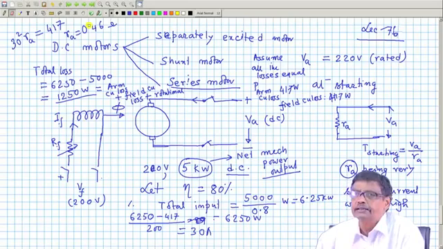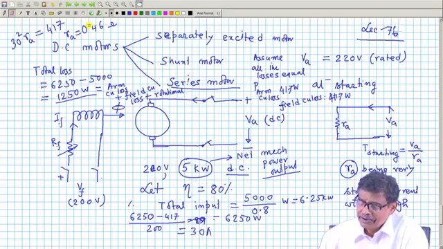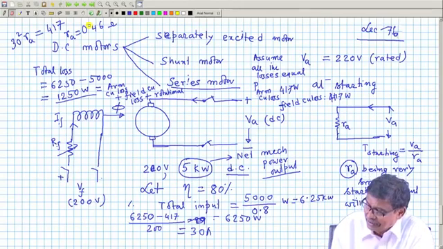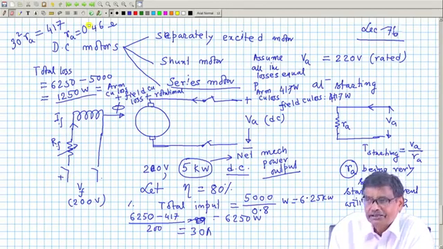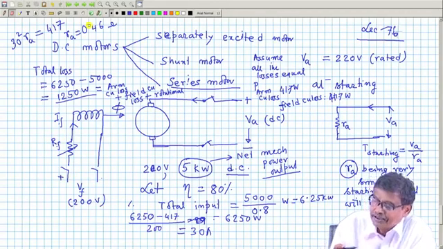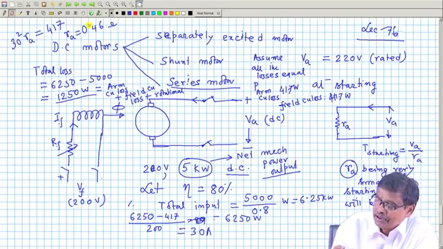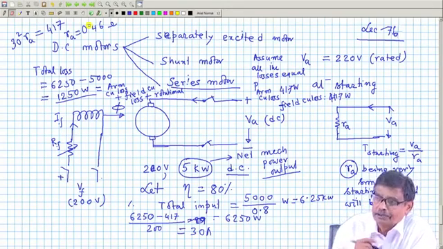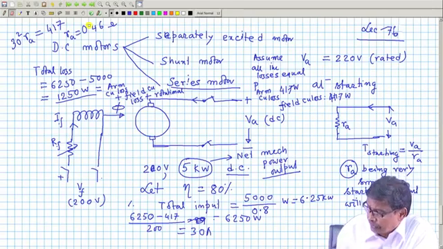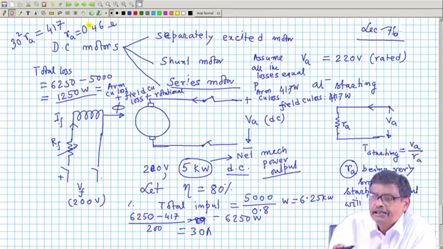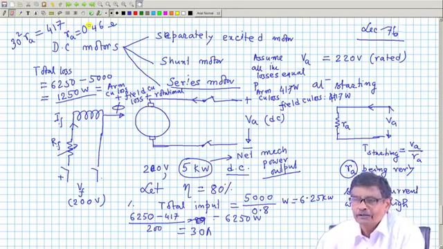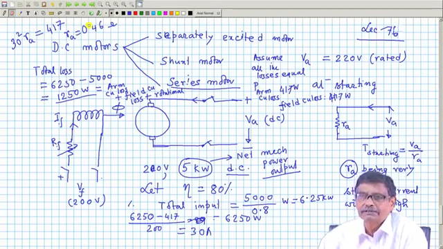It does not make any sense on its own. Small means what? Milliohm, micro ohm or 1 ohm, whatever it is. You can easily see the rated current of the machine I have estimated is 30 ampere. If somebody says this machine has a 2 ohm armature resistance, calculate the copper loss when rated current is flowing. It will be very high and the efficiency will be very poor. So 2 ohm is not small.